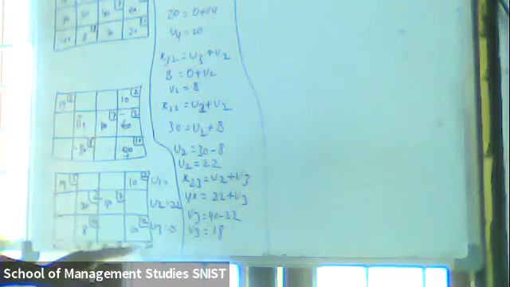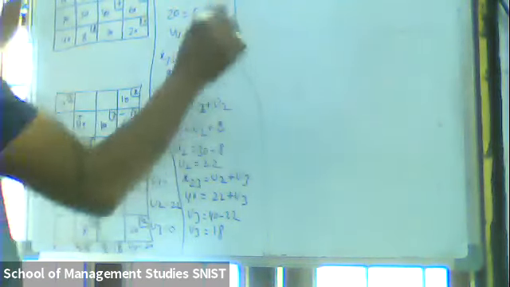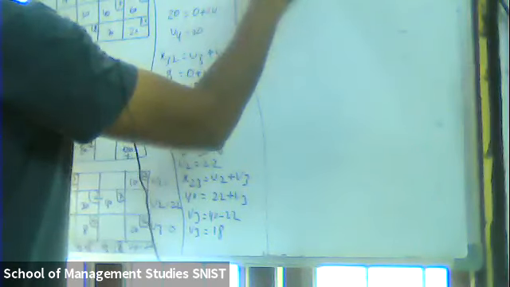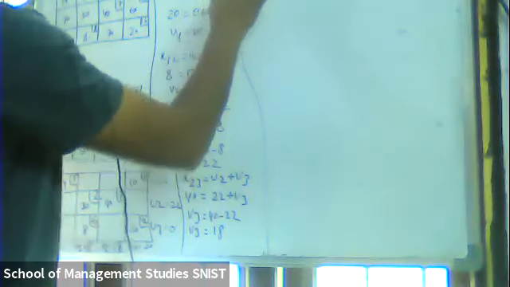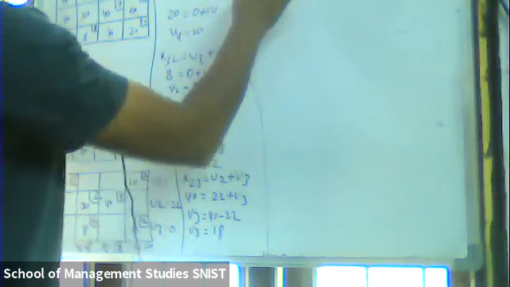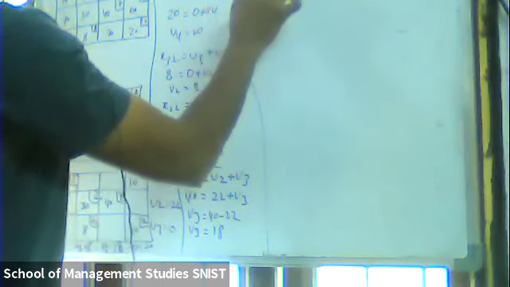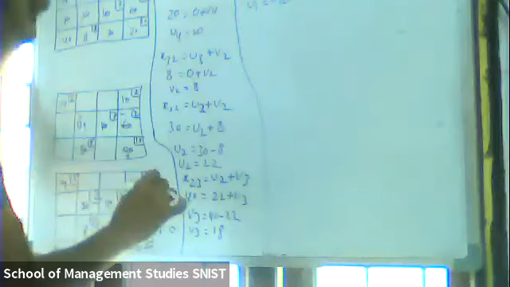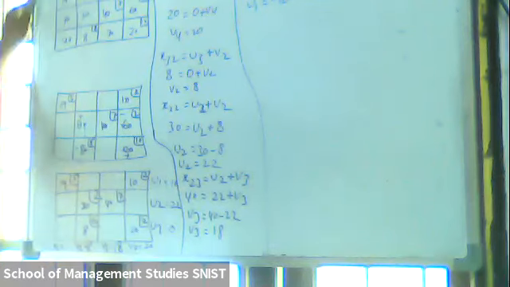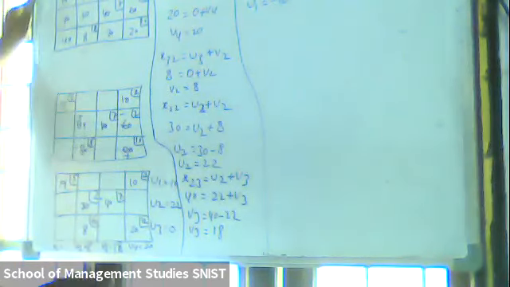Then you have to find out U1, right? x14 equals U1 plus V4. x14 is 10, then U1 we have to find out, V4 value is 20, then U1 equals 10 minus 20, then U1 equals minus 10. Are you following?